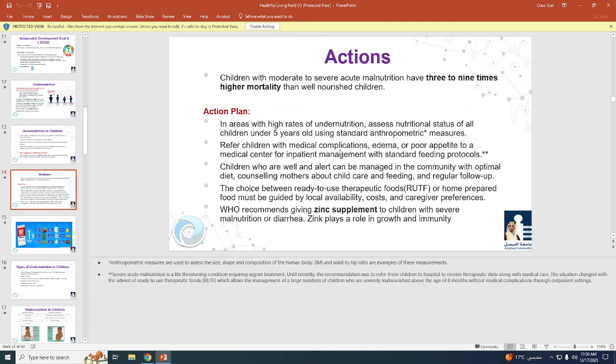By the way, if you have a baby who is severely malnourished, we need to admit him as an inpatient. He has muscle wasting, edema in his legs, he's lazy, not moving, not playing, inactive, all of that.